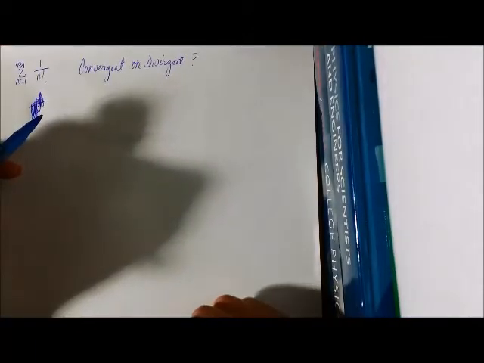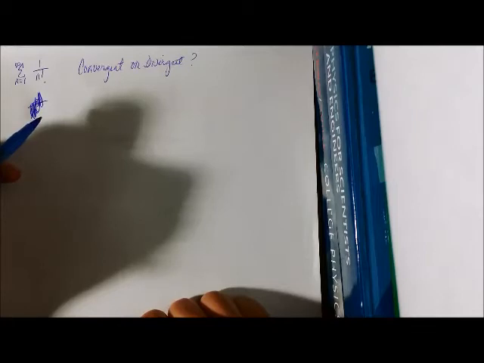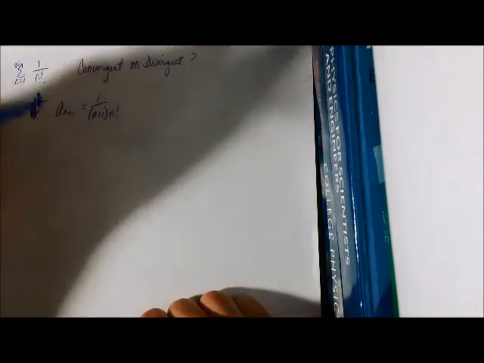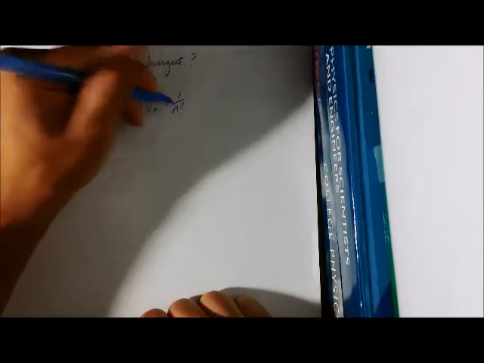Let's start with an easier problem. In this example, we have the summation from n equals 1 to infinity of 1 over n factorial. First, we can see a of n plus 1 is equal to 1 over n plus 1 times n factorial. A of n is equal to 1 over n factorial.